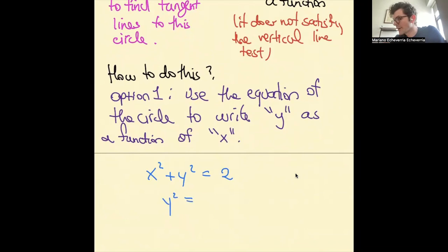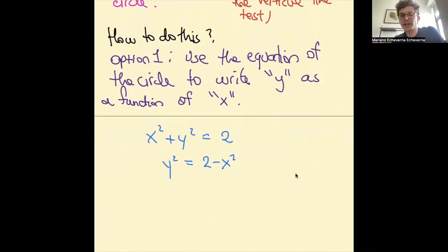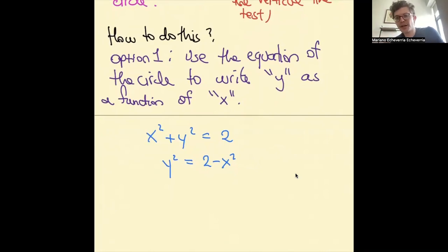So how can you solve this for y? Well, you can write y squared equals 2 minus x squared, right? If you subtract x squared on both sides. And then what can you do next to solve for y? What could you do now?